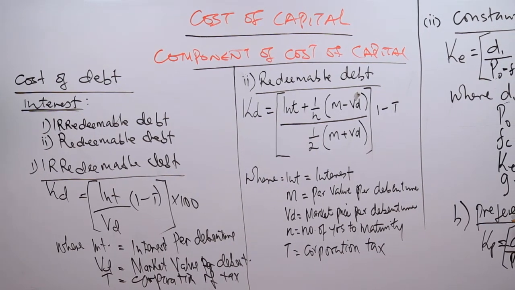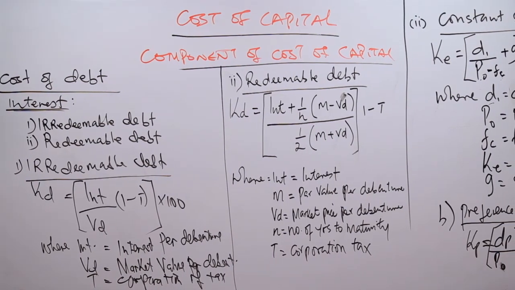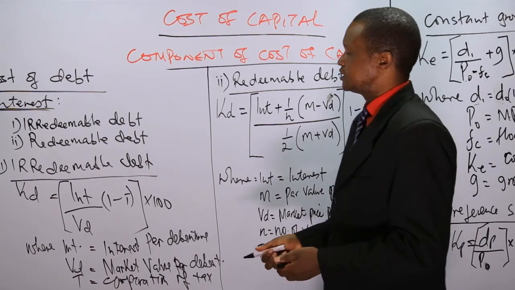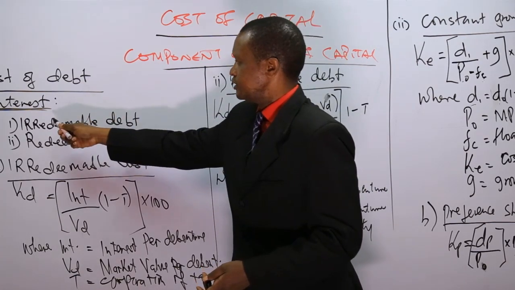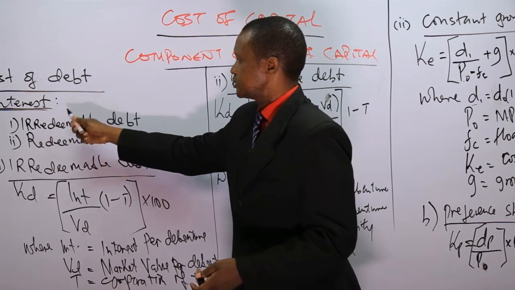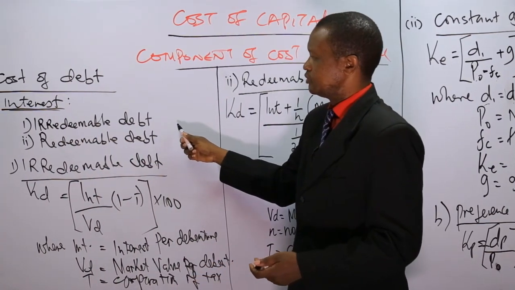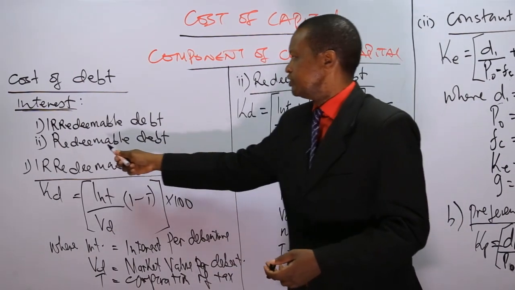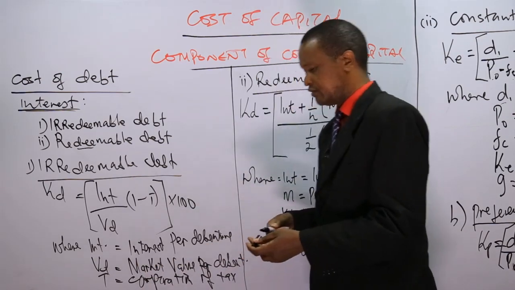Then you have the preferred share capital. We have the formula there. Then last we've looked at the cost of debt, and we have said the debentures pay interest, and that the debentures can be categorized into two: irredeemable debentures or debt, which is also known as perpetual debt, and the redeemable debt, and the formula we have given it.